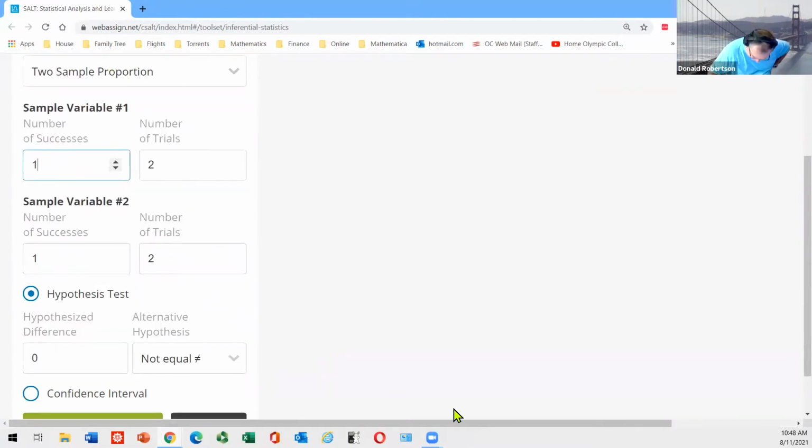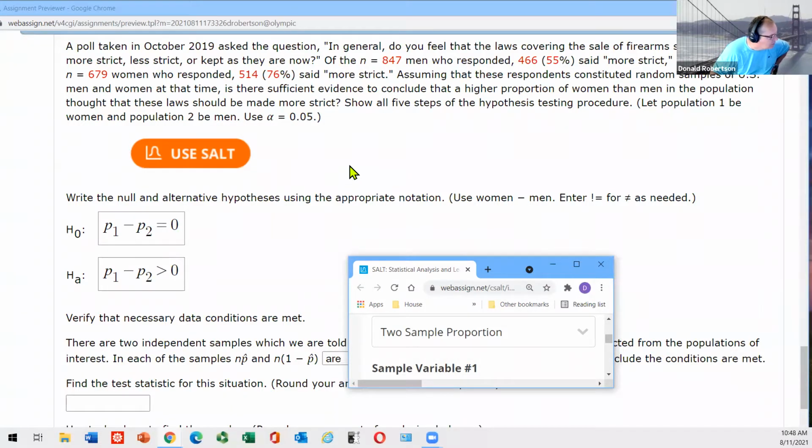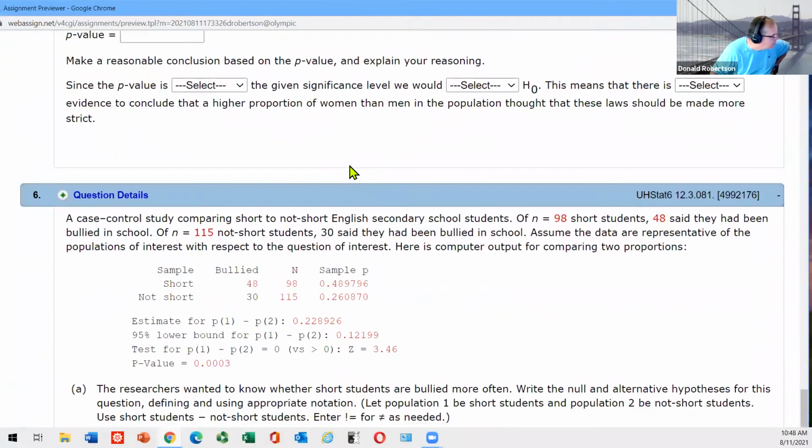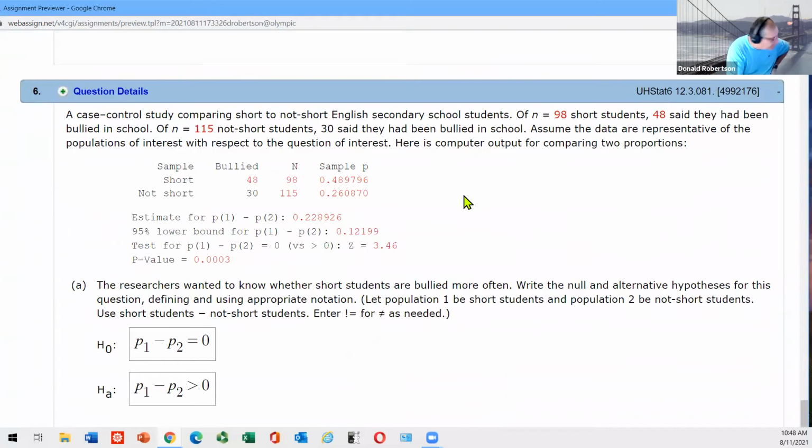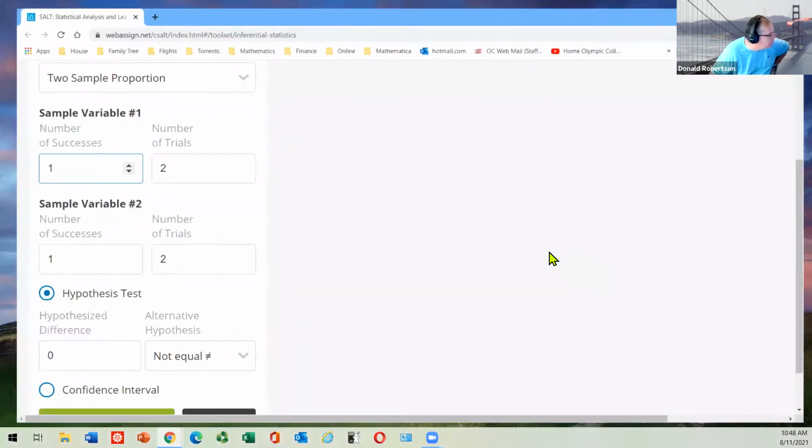And for the short people, write that down. 48 out of 98, and for the taller people, 30 out of 115. And we'll hope that this hasn't got anything to do with binomial.